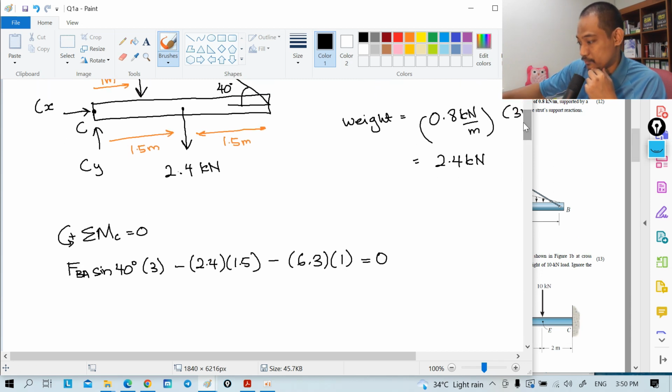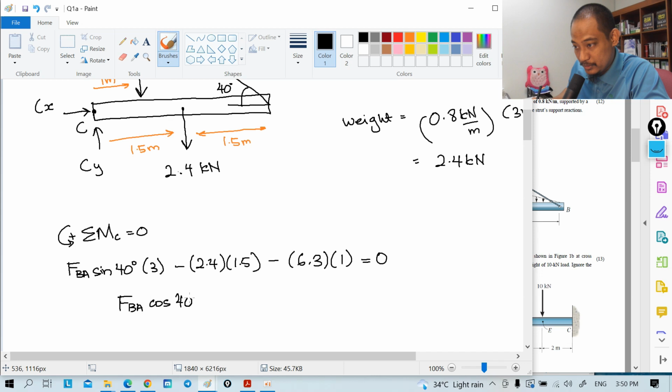So calculating, minus 2.4 times 1.5 minus 6.3 times 1, you get minus 9.9. So basically FBA cos 40 degrees times 3 equals 9.9.